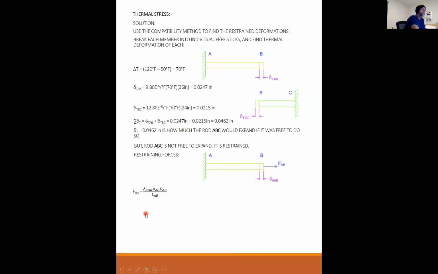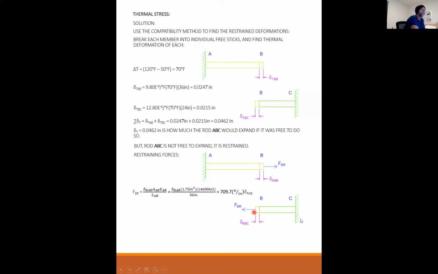So this restraining force FBR is equal to delta RAB times the area times the Young's modulus over L. I don't know delta RAB yet, but I know the other three, so I can solve it in terms of delta RAB. The rest of all this stuff whittles down to 709.7 kips per inch.